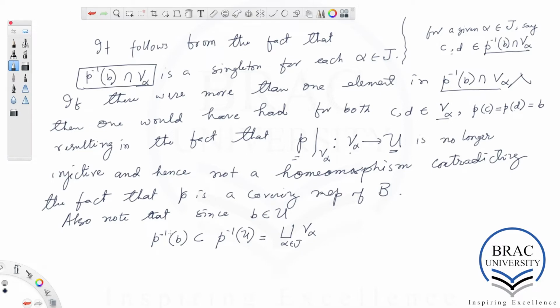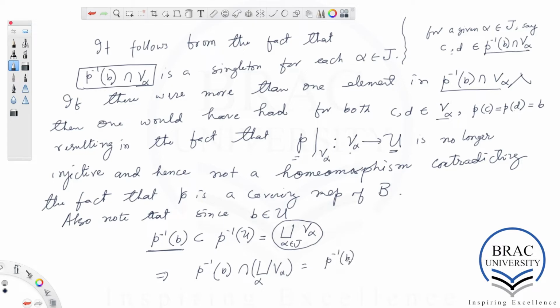So since P inverse b is contained in this set, the intersection of P inverse b with this disjoint union is going to be just P inverse b.